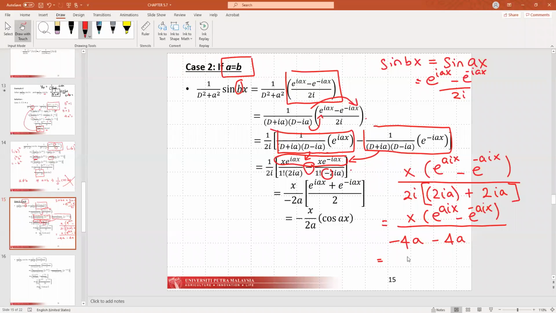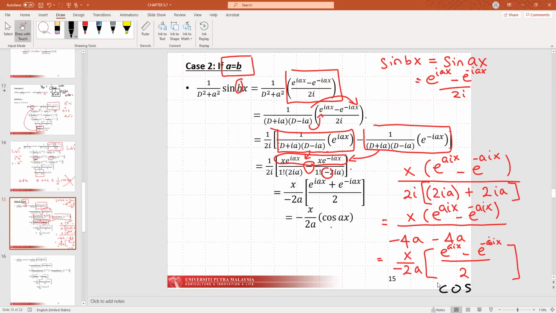So, yang ni jadi x over minus 2a e to the aix tolak dengan e to the minus aix bagi dengan 2. Okay, sebab tu saya dapat this is cosine. Sebab yang ni adalah expansion untuk cosine. This is the expansion untuk cosine. Cosine of ax.